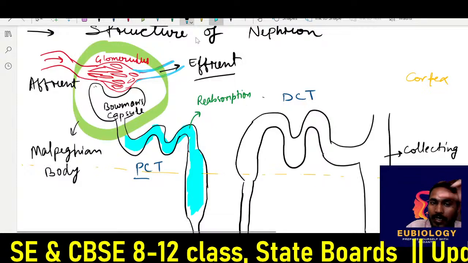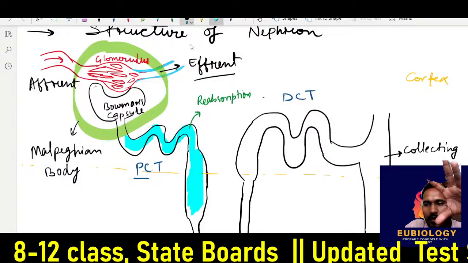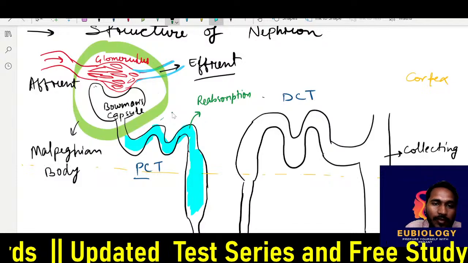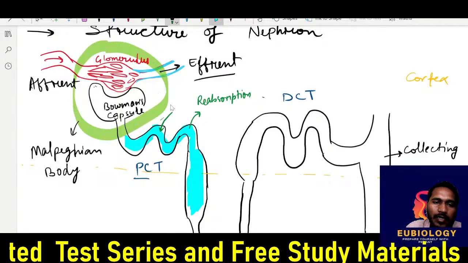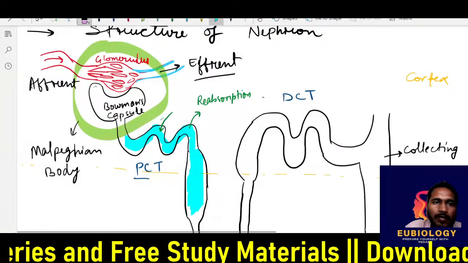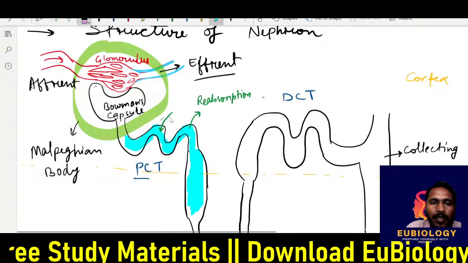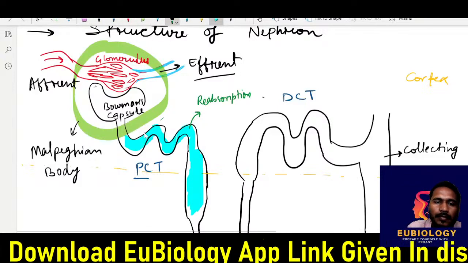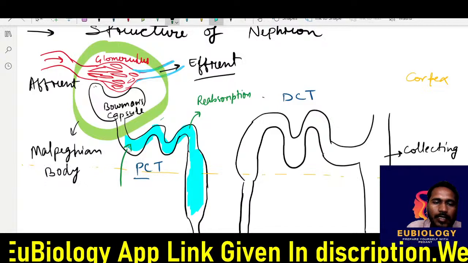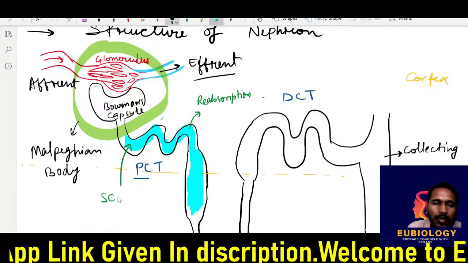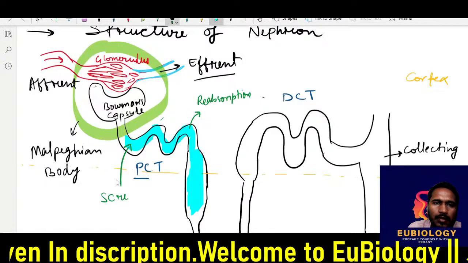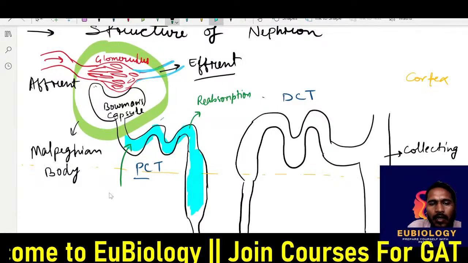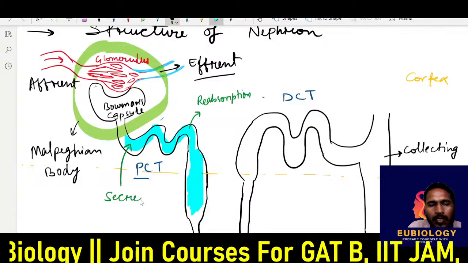So in case of urine formation in this chapter, if I am saying secretion, it means you are adding something into this filtration. Where should I write secretion? I will write here.